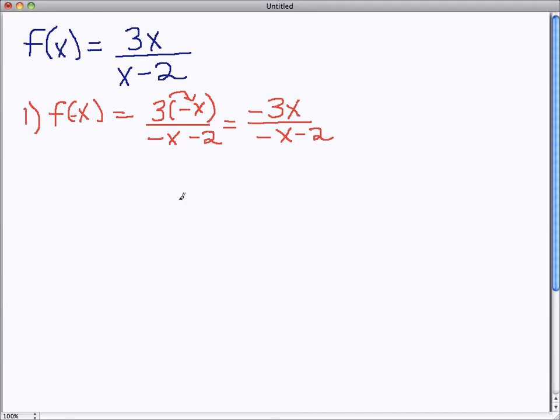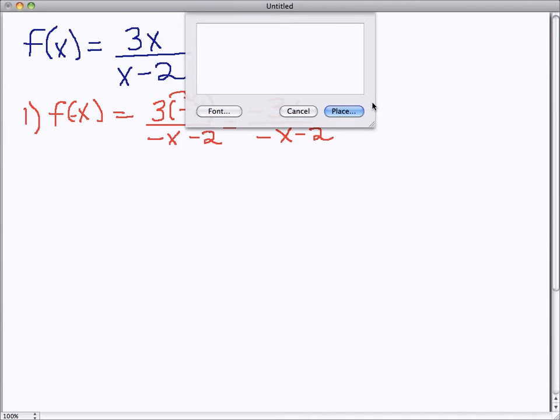And we are actually going to say that there is no symmetry as far as the y-axis or the origin because our f of negative x is not equal to our original. So we're going to say there's no symmetry with regards to the y-axis or origin, because f of x is not equal to f of negative x.